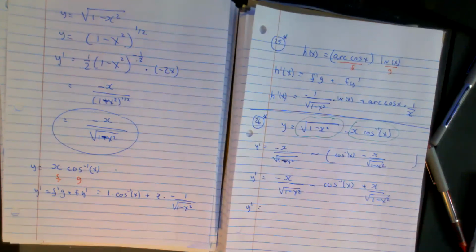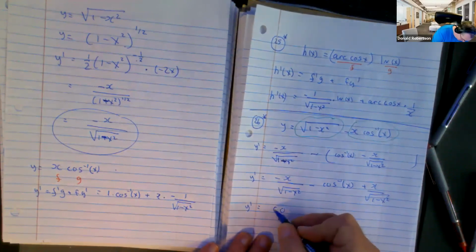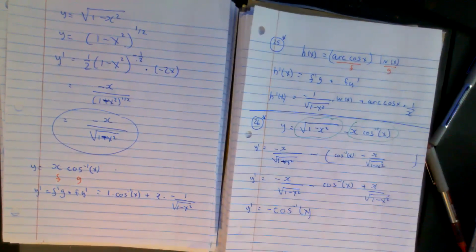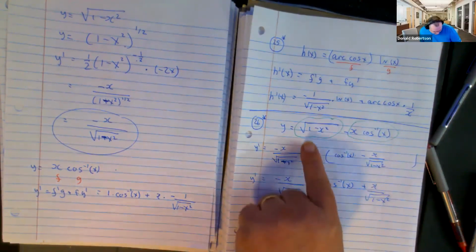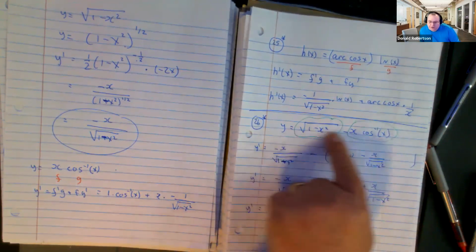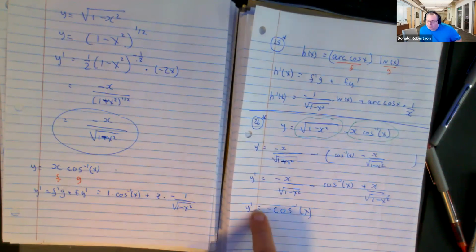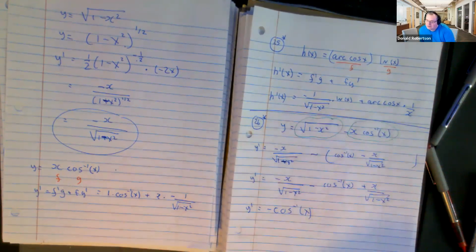Those two cancel out. And so what you're left with, when you looked at the original function, which is this, would you have taken bets that its derivative would be so pretty? That is quite amazing. Kind of nice.